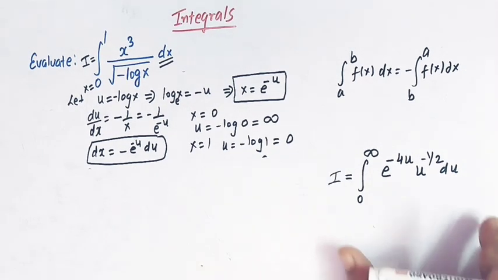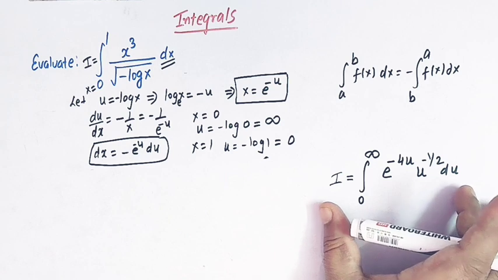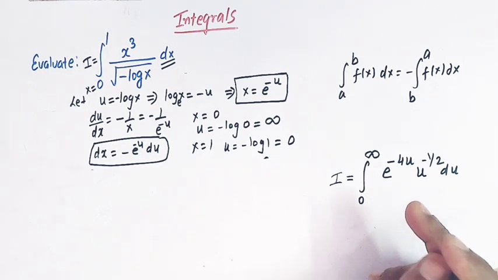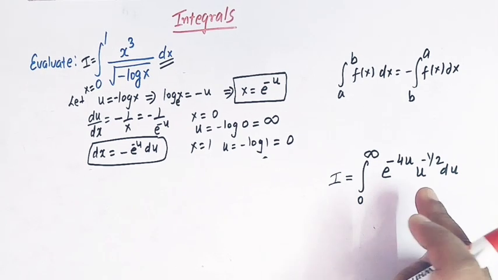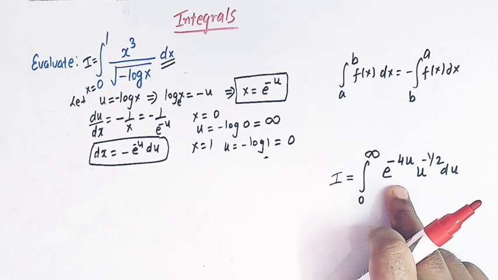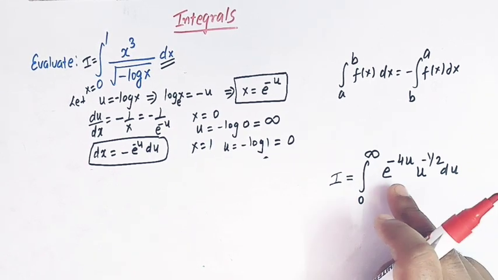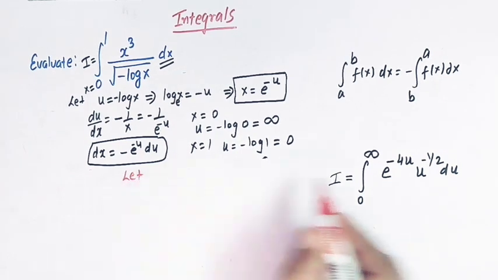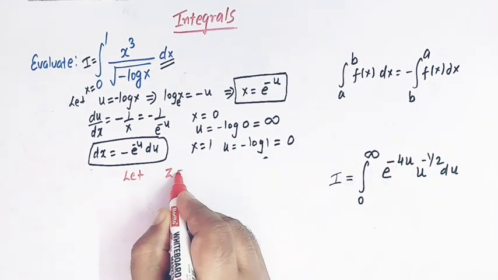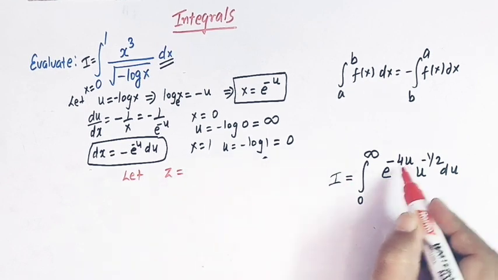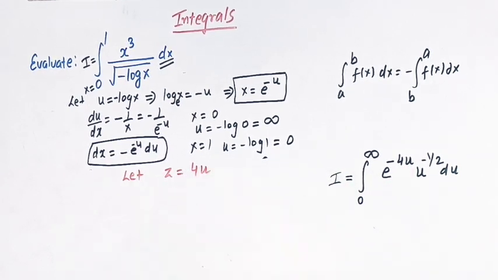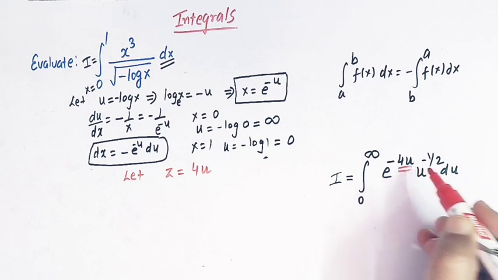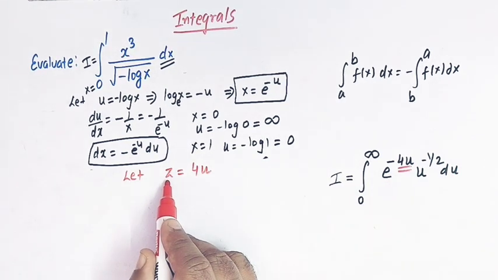So viewers, now we have this integral, right? Now let us apply the substitution method to this integral, right? So here we are again applying the substitution method. So let us assume further that z is equal to, here we can take 4u, right? So we'll assume 4u is equal to z, right?